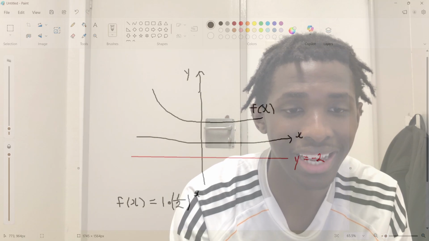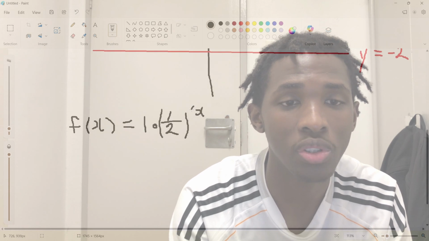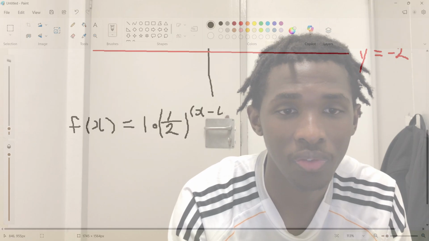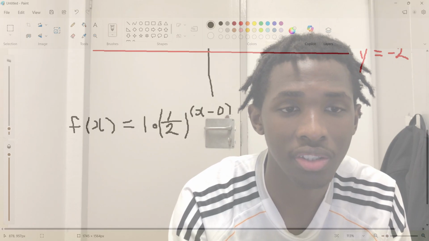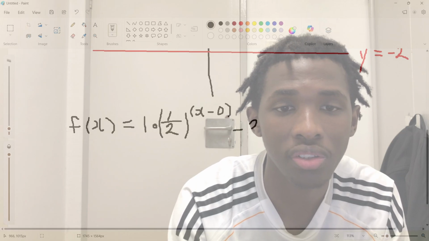Remember, I said it's very important to note that p is 0. Just think of it like this, it helps you a lot when you think, well, p is just 0.